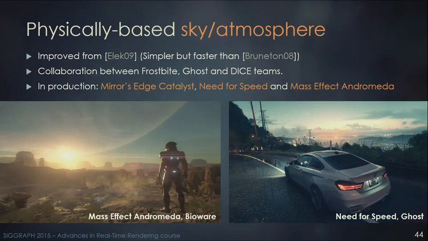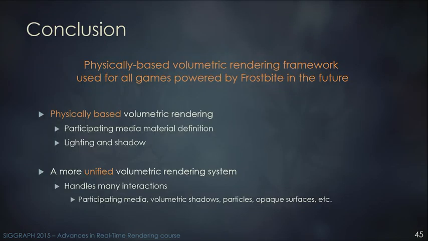You have to pre-compute some volume textures, and this can be distributed over several frames if you want it to be cheap, if you want your sky to be updated dynamically for time of day or weather.